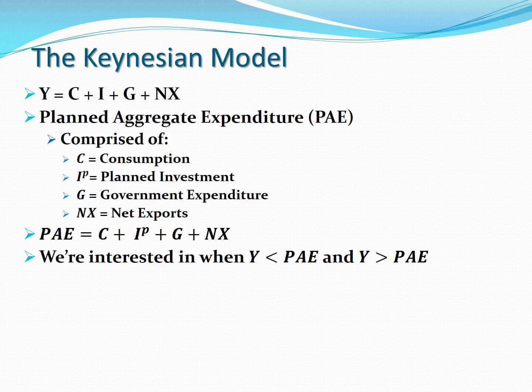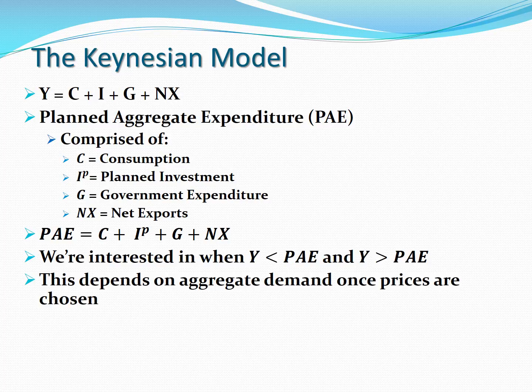So conversely, there are also points where real GDP is greater than planned aggregate expenditure. This is where we will see actual inventories greater than what was planned. So this occurs after prices are chosen.